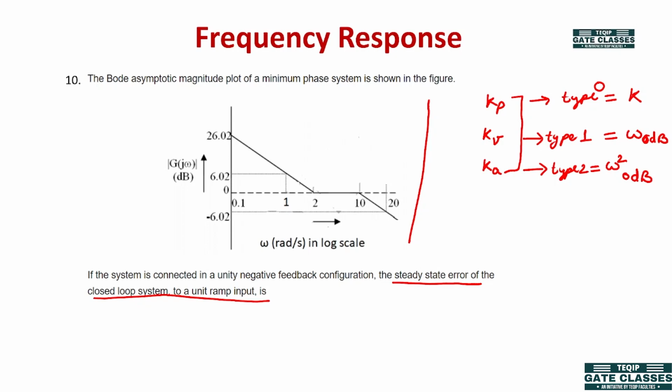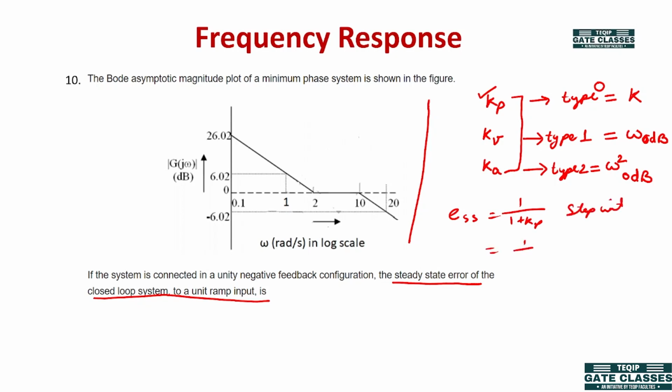And as we know from time response analysis, the steady state error is given as 1 upon 1 plus Kp for unit step input.